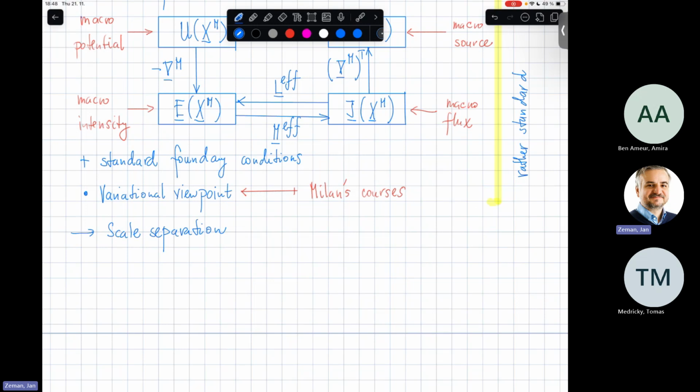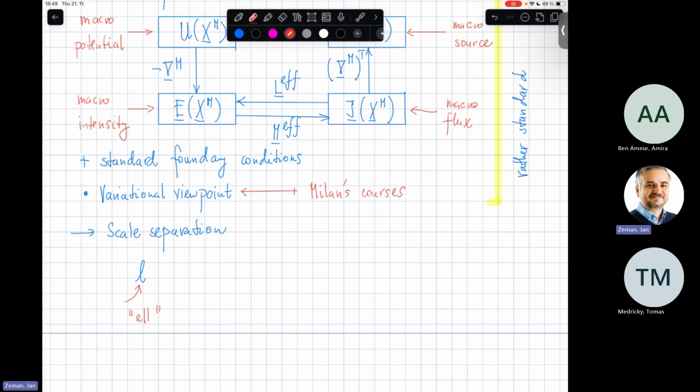And this scale separation can be best explained by introducing three length scales. So basically, there are three length scales involved. One, this is my variant of L, ladder.